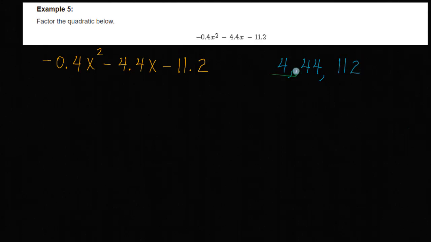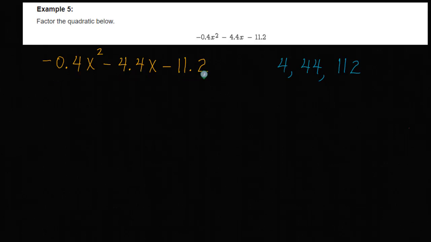Now take a look at the following. 4 is a number that is divisible by 4. The same can be said of 44, and also 112, you can verify that with the calculator, is also a number that is divisible by 4, which means that negative 0.4 is a factor of all three terms.